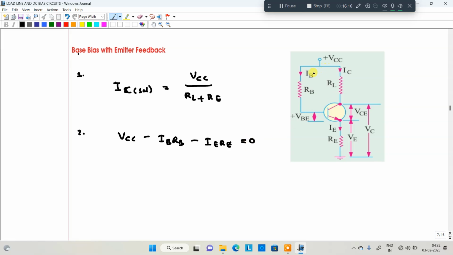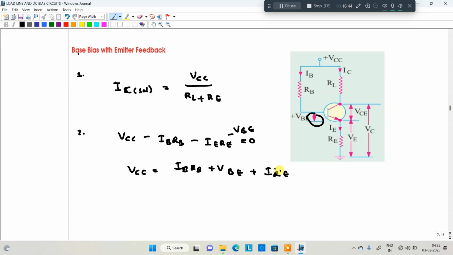So VCC is equal to IB RB plus VBE plus IE RE. We forgot this VBE; it is a minus VBE.